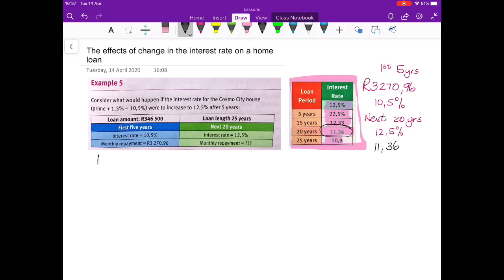So the formula said the monthly repayments was the loan amount divided by 1,000 and multiplied by the factor. Please remember that this factor is purely a number.